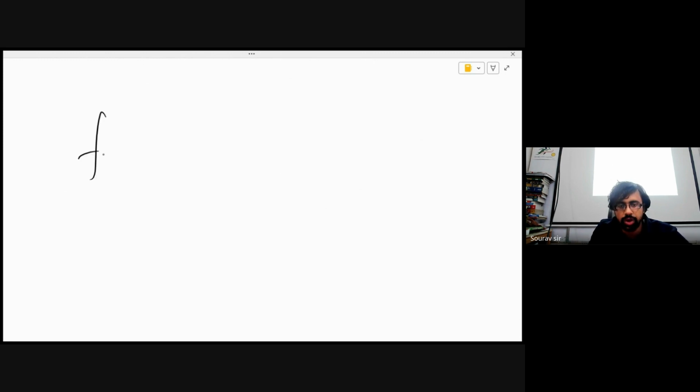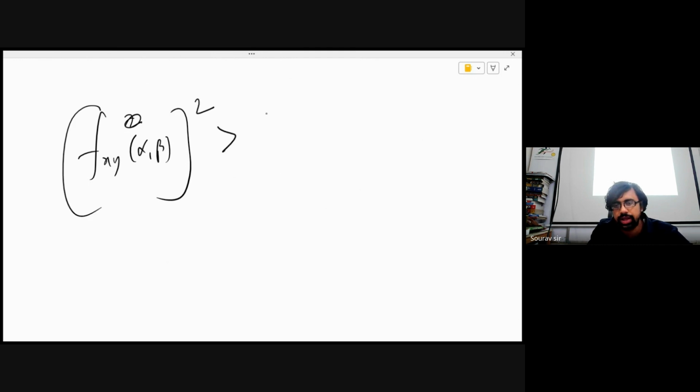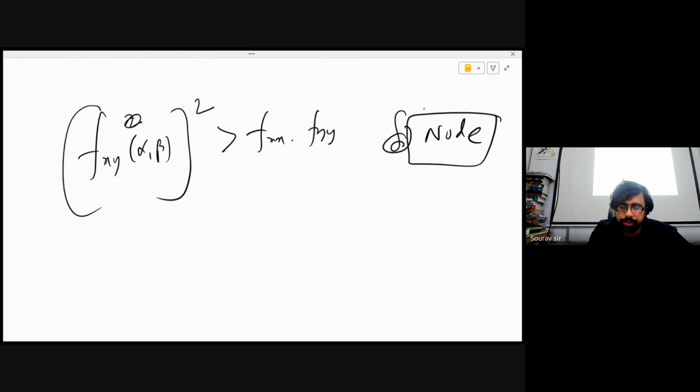देखिए f of xy with respect to alpha beta इसका आपको ले लेना है square. If this is greater than f xx comma f yy, ठीक है, तो ये हो गया node. And node is a type of singular point. Cusp कब होगा? If this thing is equal, then it is a cusp.